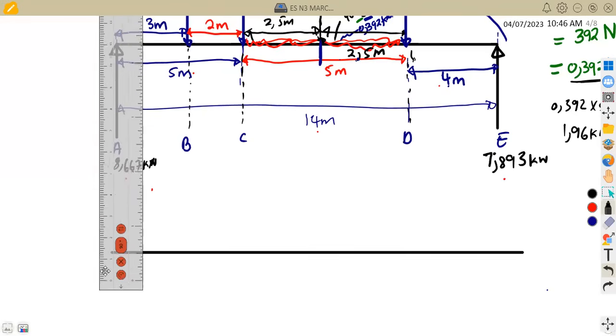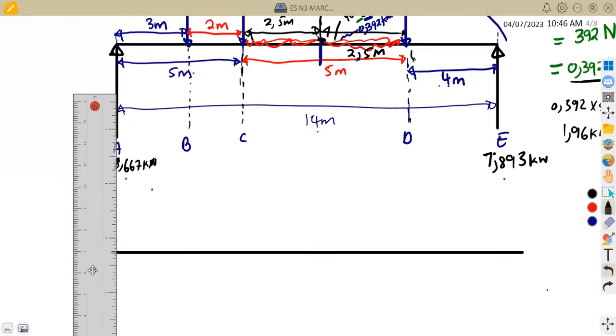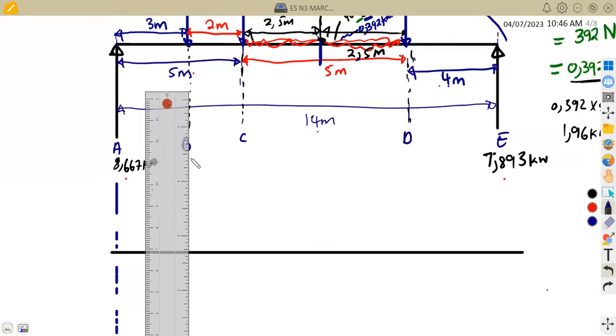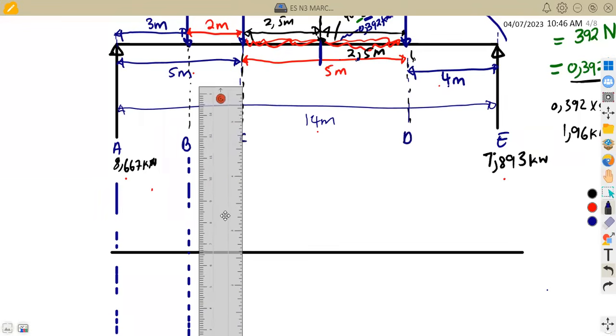You're supposed to use a suitable scale that you're going to work with. But in this case, guys, it's going to take us a lot of time, so I'm not going to apply that condition, but I'm just going to show you the suitable points that you're supposed to have. All right, so let's extend this one from A. We extend from B. We also extend from C. These are the important points on your diagram, okay?